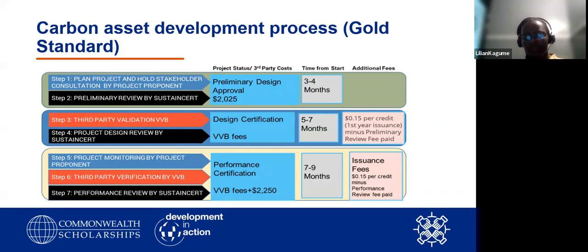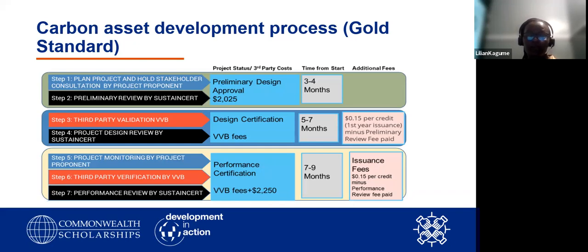A lot of support evidence at this stage is also required. So apart from just doing the emission reduction calculations, we request specific evidence for sustainable development goal outcomes. So if, for example, you are monitoring employment, we'll request to see the employment data with the number of male, female, the income levels, and all that.